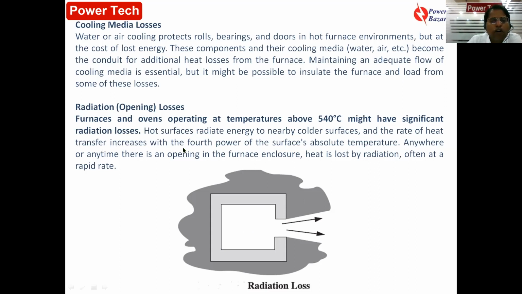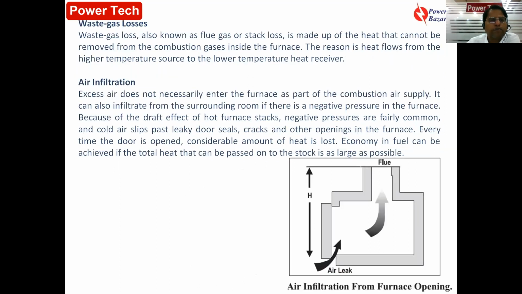So the radiation heat transfer is basically the fourth power of the surface absolute temperature. If the surface temperature is very high, then the heat transfer will be very rapid. Since it is 1650 degrees Celsius, there will be huge radiation losses due to opening of the furnace. So you need to close the furnace as quickly as possible to stop the radiation losses.